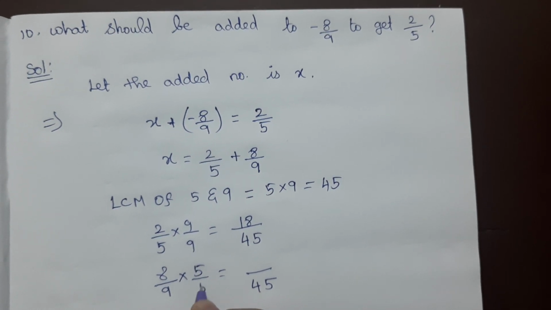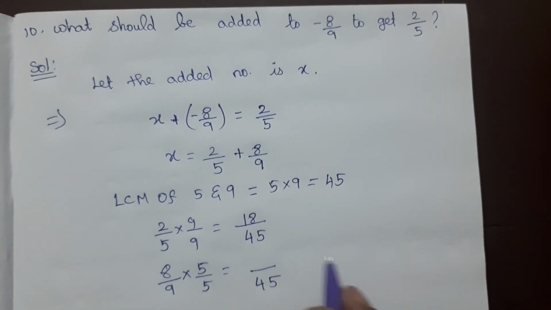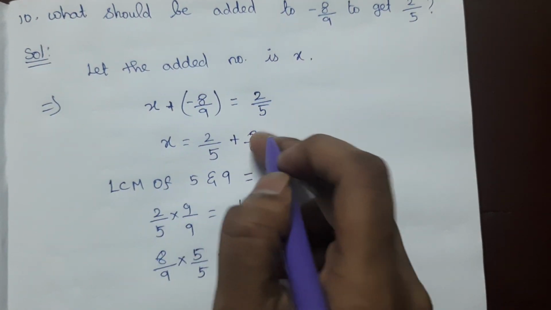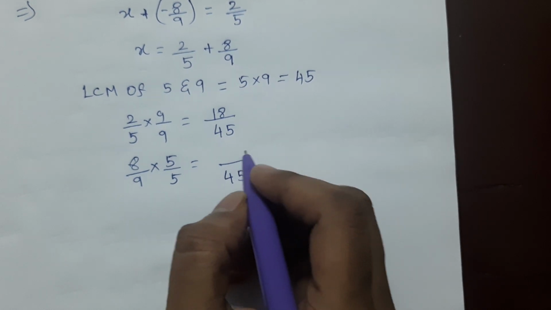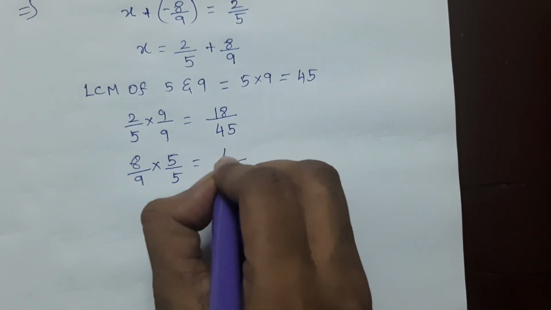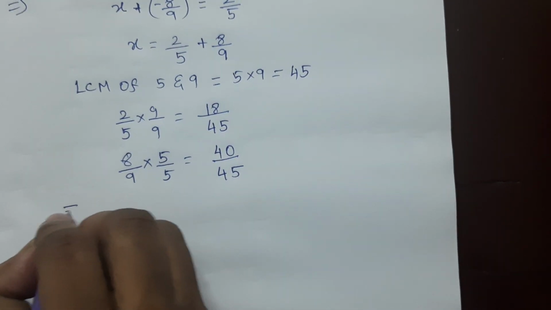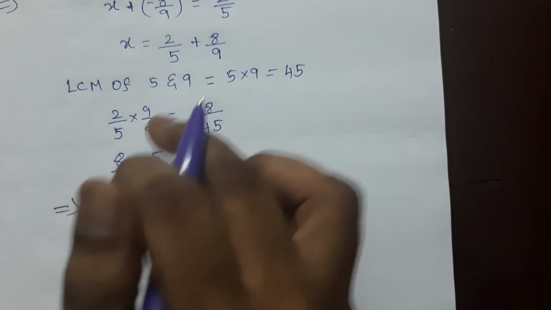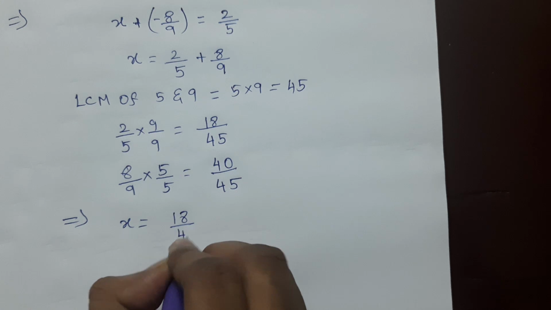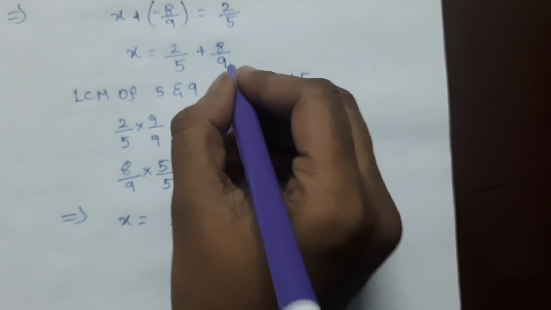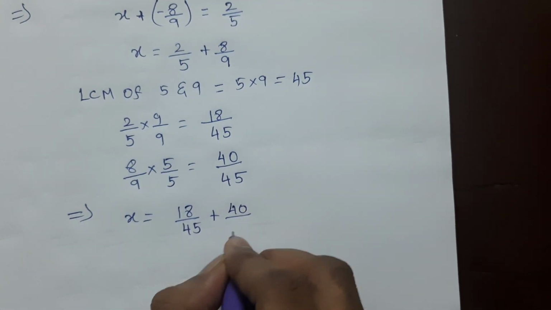So we have to multiply by 5, or otherwise directly you can take a cross multiplication. That one is very simple, but for your understanding I am explaining like that. 8 5s are 40. So that implies x is equal to what? What we have for 2 by 5? 18 by 45 plus 8 by 9 we got 40 by 45.